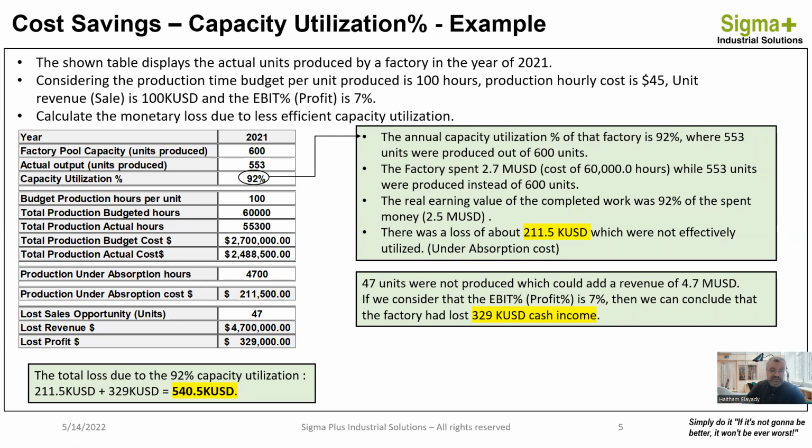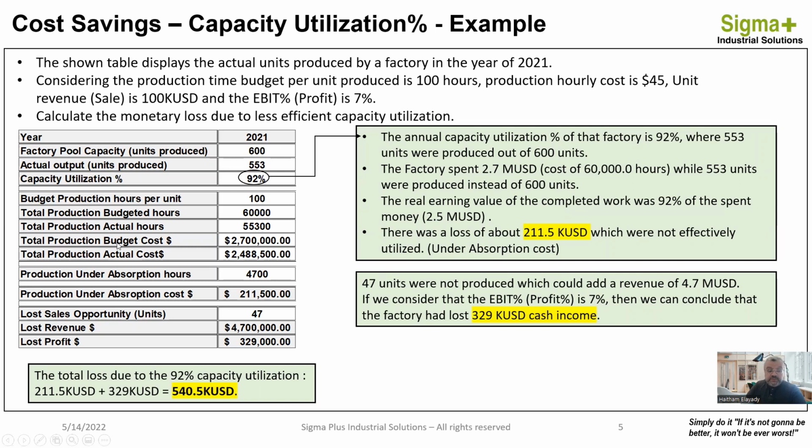But in real life, do not be surprised if you have more than 55,300. Maybe it could even exceed the 60,000, depending upon the status of the production activities.